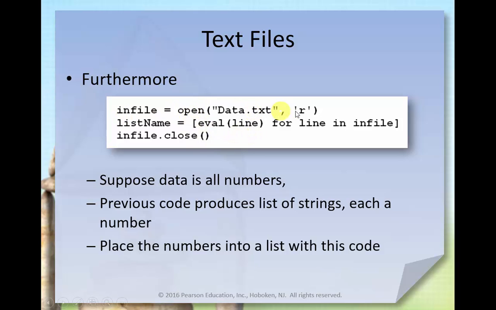We're opening data.txt and read, but instead of doing the rstrip, we're doing an eval. Remember back where we talked about numbers and doing an eval? That converts it to a number. It sounds like an oxymoron, but a number that's in a text file, it's going to come in as a string unless you convert it. So this is a conversion routine, basically. It takes text files and converts them to numbers so that you can manipulate them.